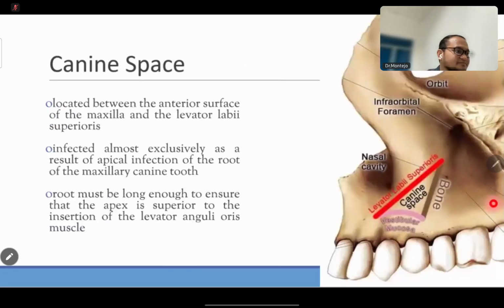It is located between the anterior surface of the maxilla and the levator labii superioris. Commonly the infected tooth of origin would be your canine. The apical infection would reach this space, and the abscess will collect or the infection will start here.